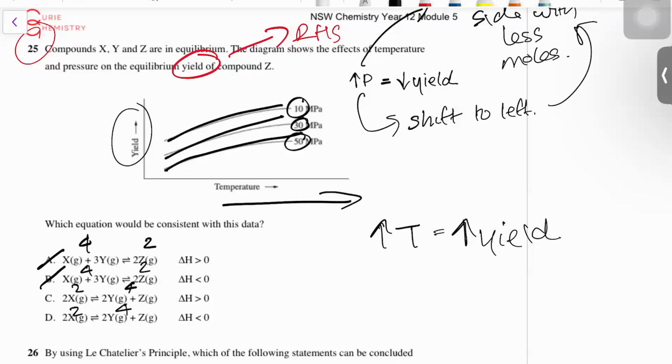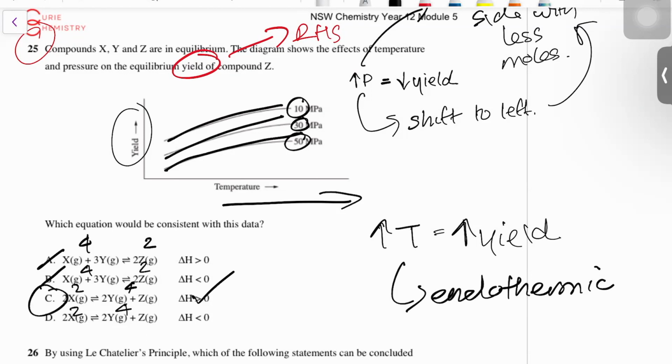For you to remove energy, by definition, that's what an endothermic reaction does. So increasing temperature will shift to the right for an endothermic reaction because that's the reaction that will absorb the energy. In this case, the endothermic reaction is going to be delta H greater than 0. So your answer for this question is going to be C.